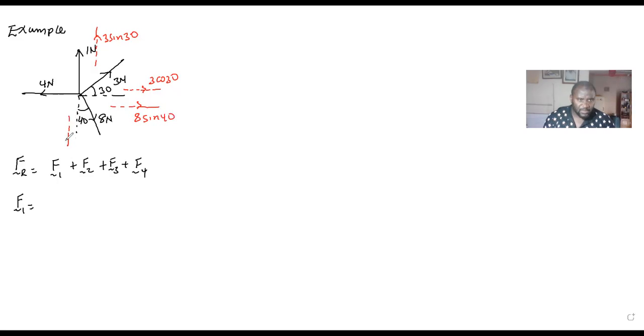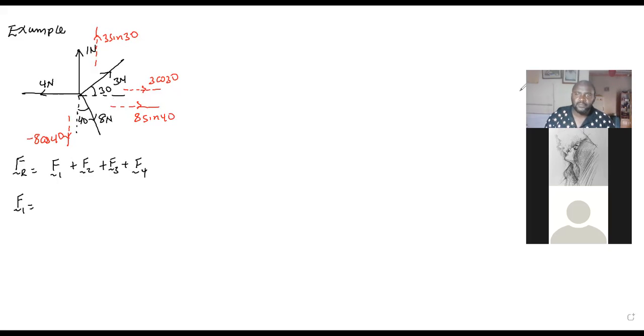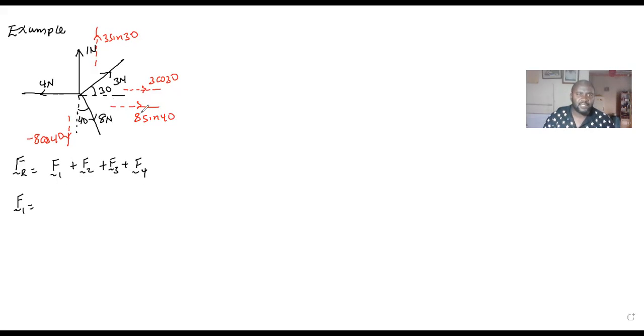When you take the 8 to the vertical, you have 8 cos 40. But the 8 cos 40 is negative because it's going in the negative y, whereas these ones are positive. Then the 4 is also going to be negative as it goes in the negative x.